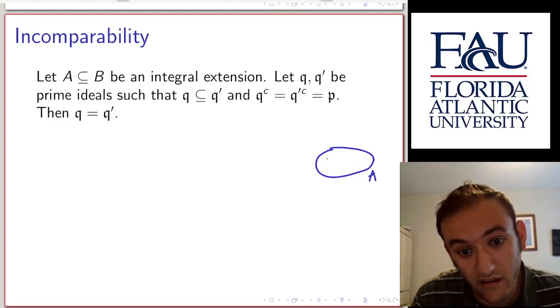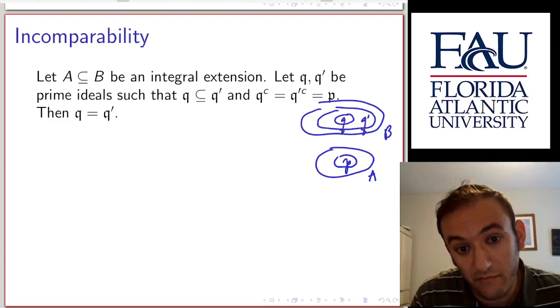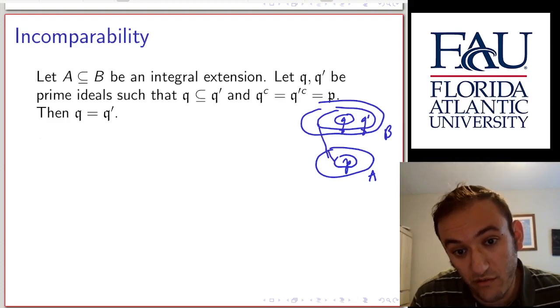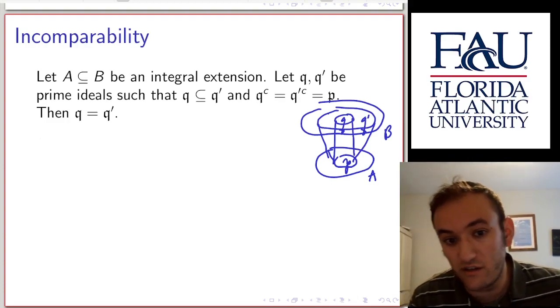You have A and you have P. Up here you have B and Q prime. If they were both to intersect A at P, then that must mean that they're just the same ideal to start. Okay.